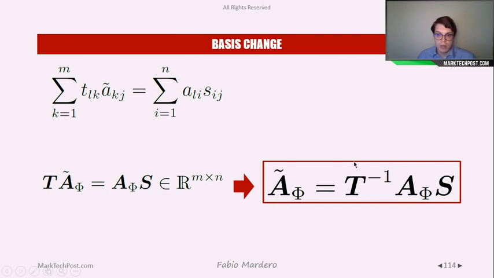Taking the inverse of T, we can express the A tilde matrix using the transformation matrix defined with bases B and C.